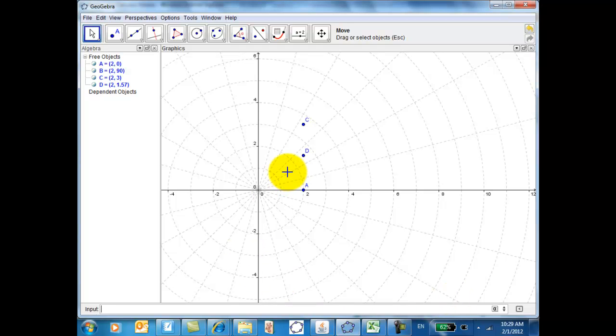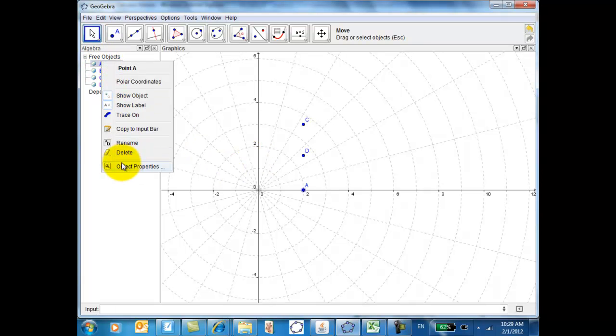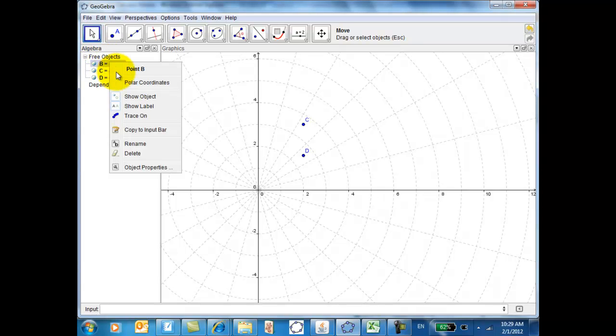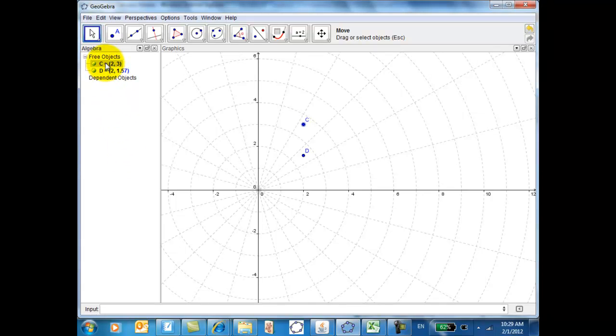No. Apparently, it took 90 degrees and converted it into radians, which is about 1.5. So this was just not working for us. That's one of the problems with GeoGebra, but we have a solution.